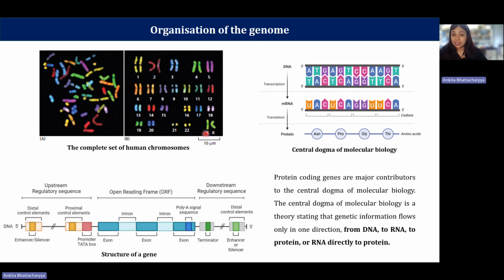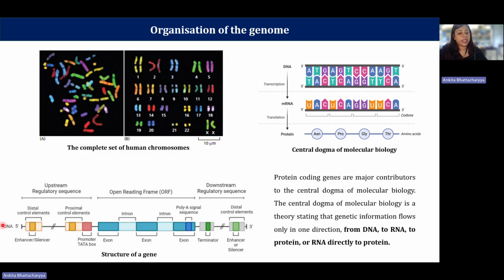And when there are abnormalities, that includes some sort of reciprocal translocation or some sort of alteration, then that can sometimes lead to changes. And that can actually be used as a biomarker for certain diseases that includes AML and other hematological malignancies as well. Then you have the central dogma of molecular biology, from DNA to mRNA to protein.